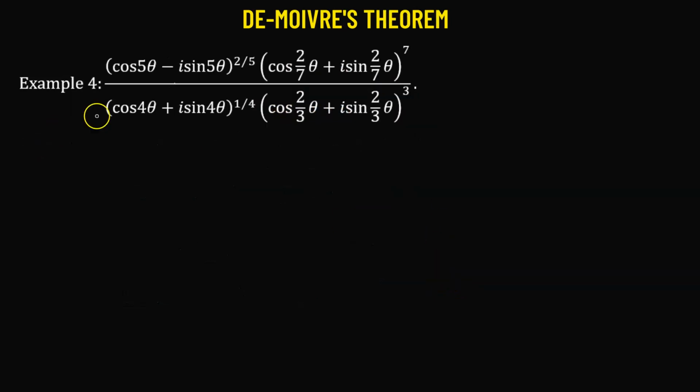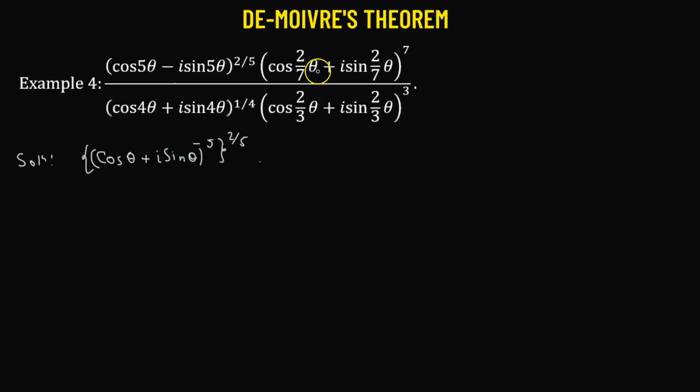So let's try to simplify this expression with the help of De Moivre's theorem. We'll begin by rewriting the expression in the numerator. Here we have cosine of 5 theta minus iota times sine 5 theta. So that will be (cosine of theta plus iota times sine theta raised to the power of negative 5) whole raised to the power of 2 over 5, multiplied to the second expression.